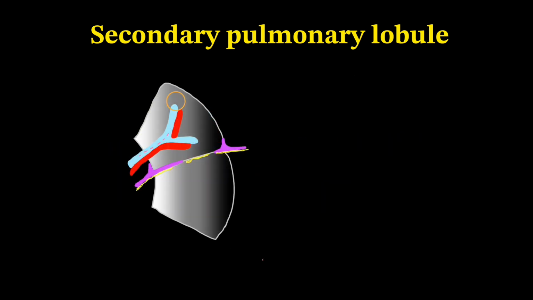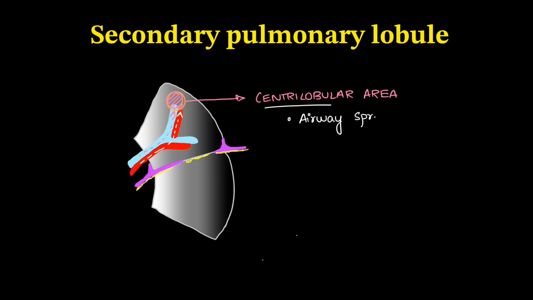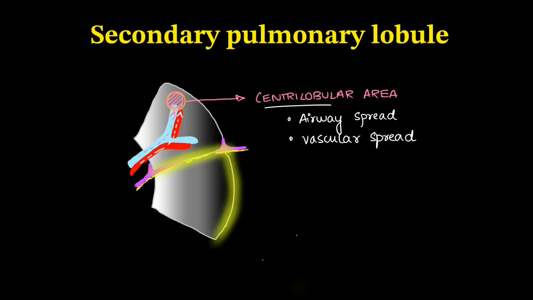We'll see some nomenclature related to the secondary pulmonary lobule. The area around the centrilobular bronchiole and arteriole is the centrilobular area. Diseases affecting this centrilobular area are through airway spread or vascular spread. It is well understood because they are around the airway and the vascular structures. This area in yellow, whatever I am marking, is the interstitium. We learnt it.